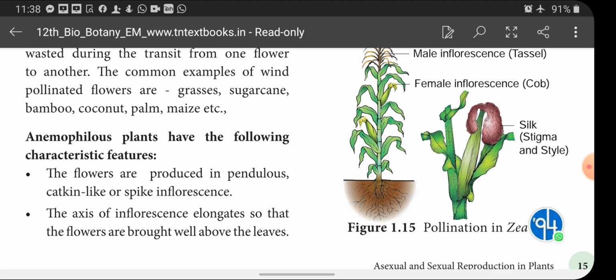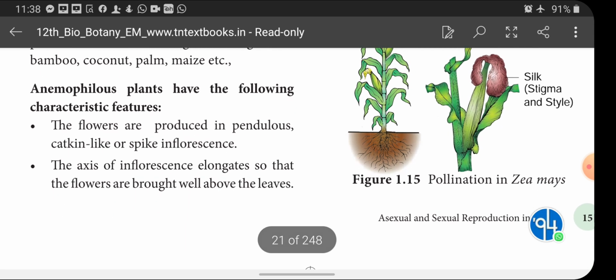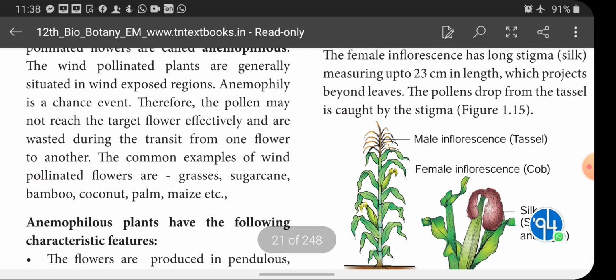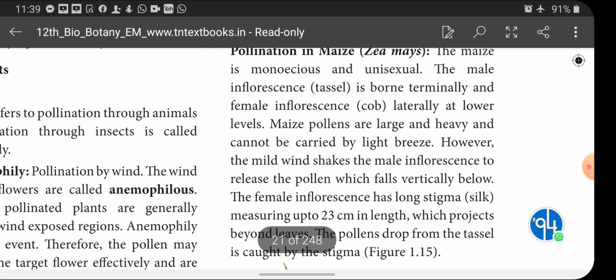We will discuss this in 11th standard; if you want to know about the inflorescence, please refer to that book. The axis of the inflorescence elongates so that the flowers are brought well above the leaves. Because it is elongated, the flowers are well exposed above the leaves. And when the wind blows, the pollen is carried by the wind to the other plant with the female flower.